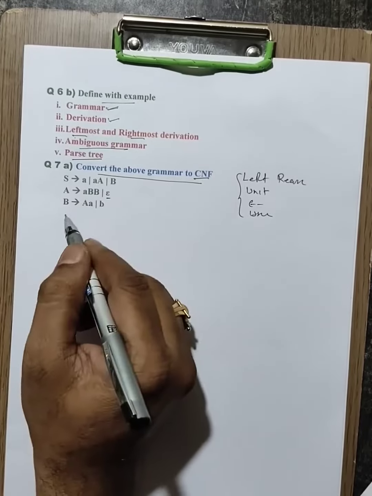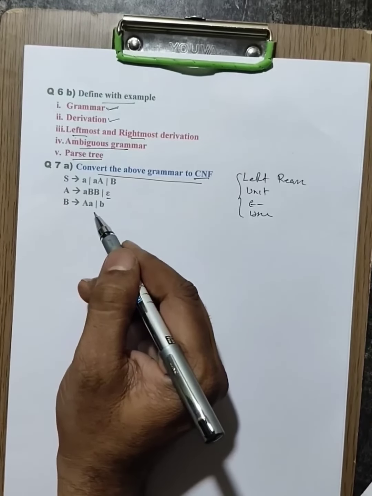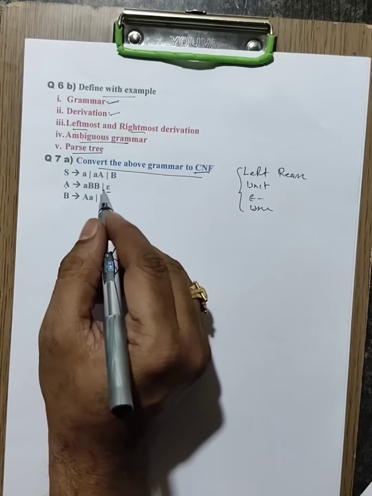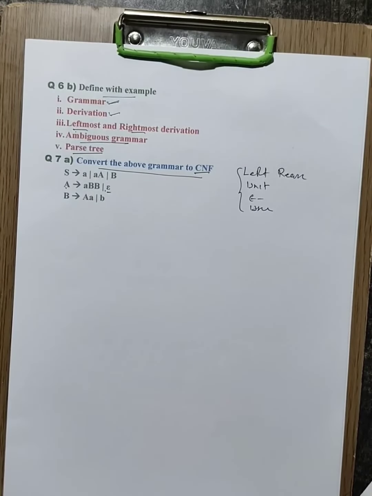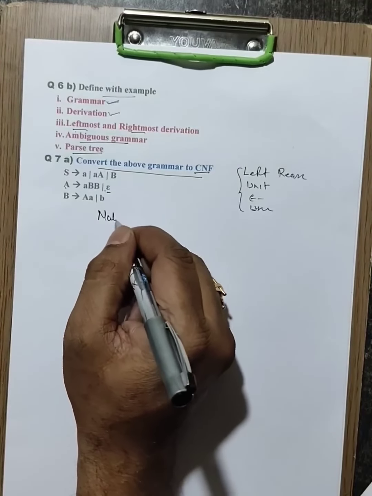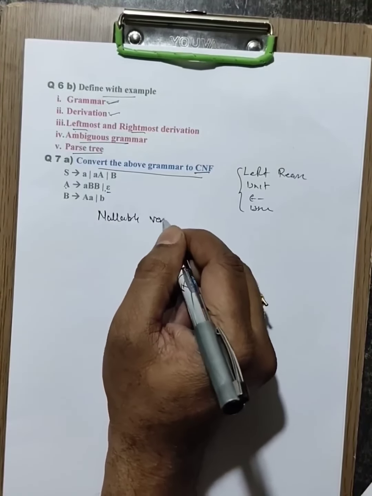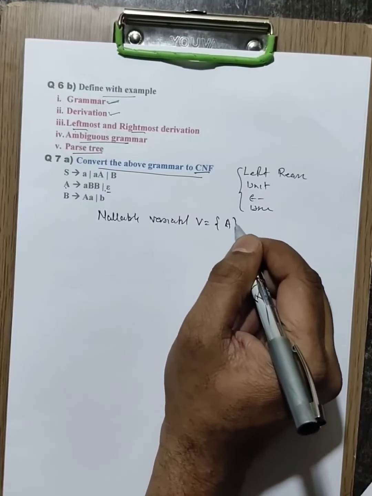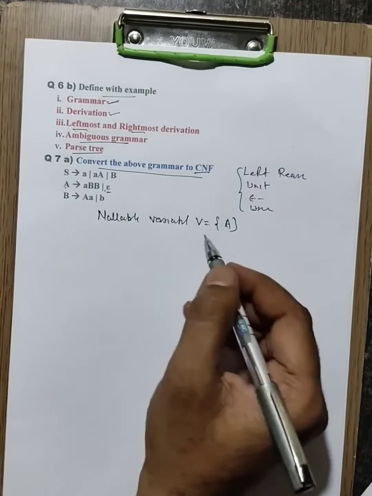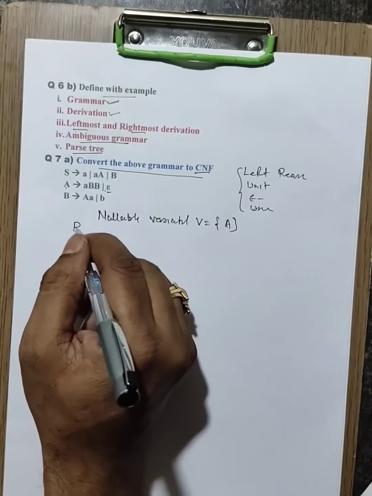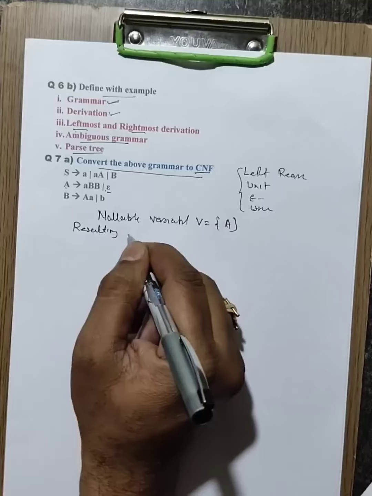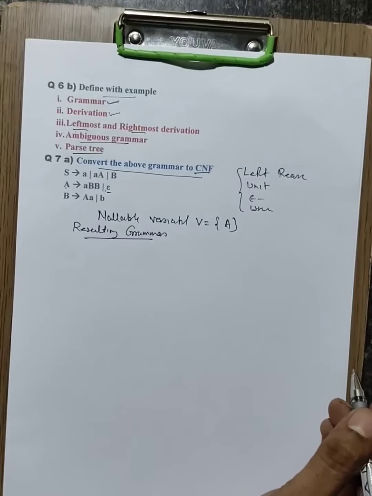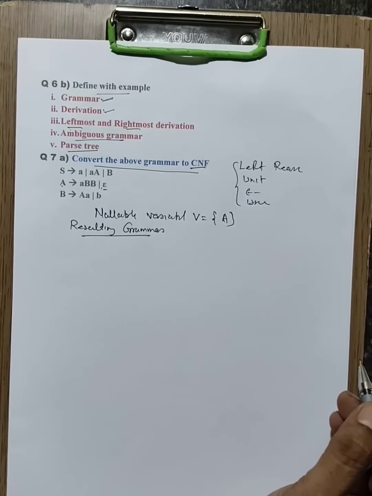Then eliminate epsilon. If you want to eliminate epsilon, find the nullable variables. Within this, which is the nullable variable? A produces epsilon. Using A, is there another variable that can produce epsilon? No. Nullable variable set V equals only A. Once you know the nullable variable, we can write the resulting grammar, that is, after eliminating epsilon productions.